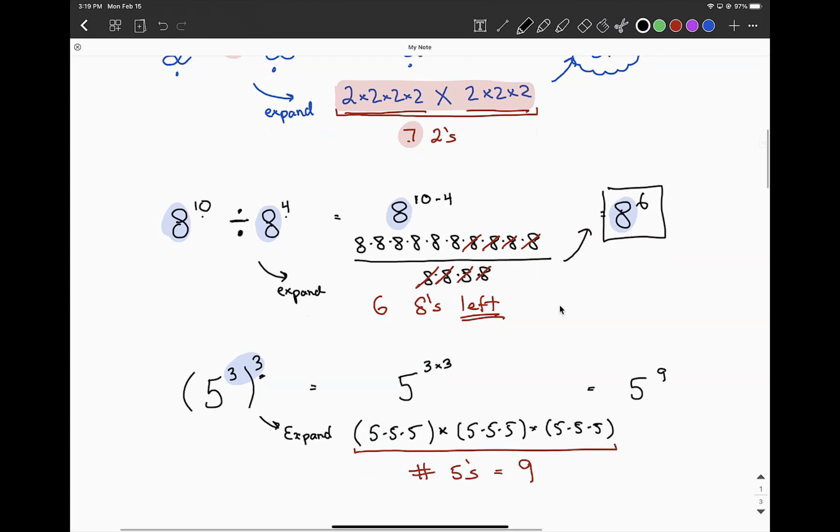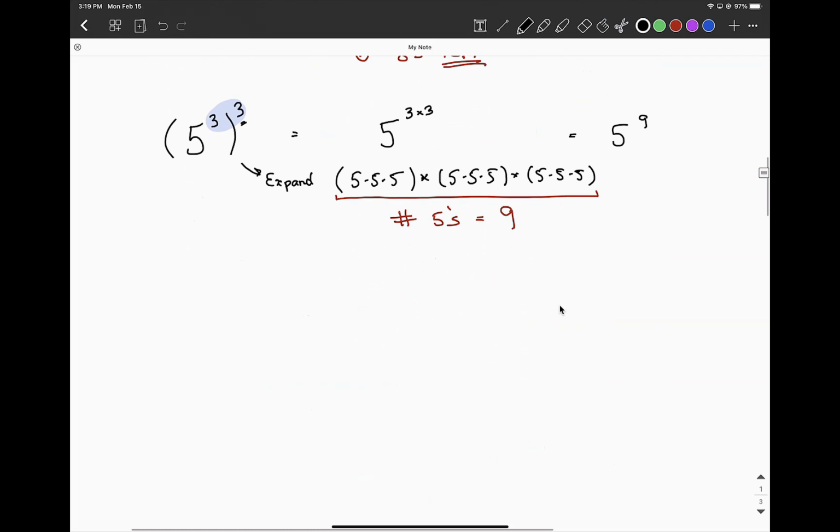One issue that happens in some of these questions, like if I have 6 to the 4th power, but I'm dividing it by a larger power, like 6 to the power of 6. This creates a really, really tricky situation.